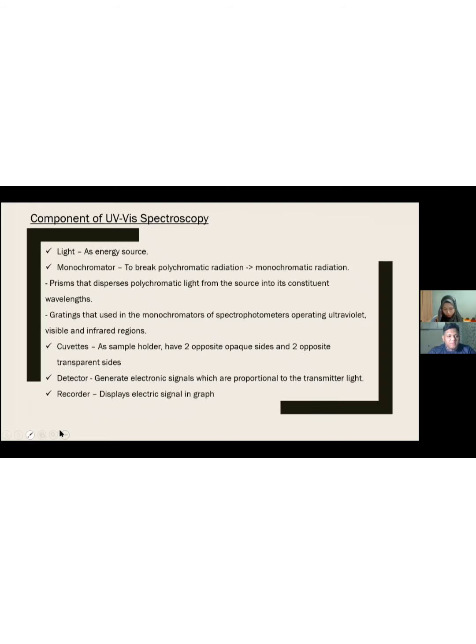Cuvettes are used as a sample holder that has two opposite opaque sides and two opposite transparent sides. The detector is used to generate an electronic signal proportional to the transmitted light, and the recorder is used to display the electric signal in the form of a graph.